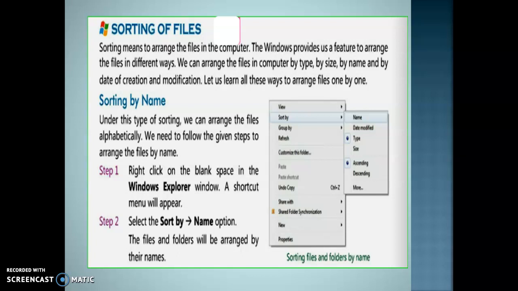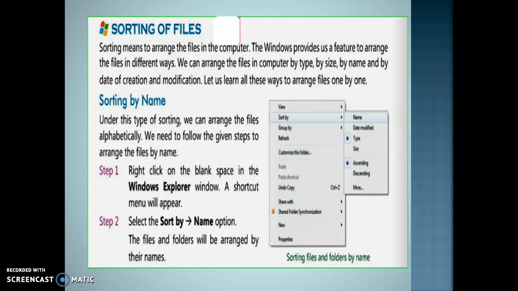We can sort our files with a few options: by name, by size, by item type, and by date modified. By name, selecting this option orders files alphabetically by names.